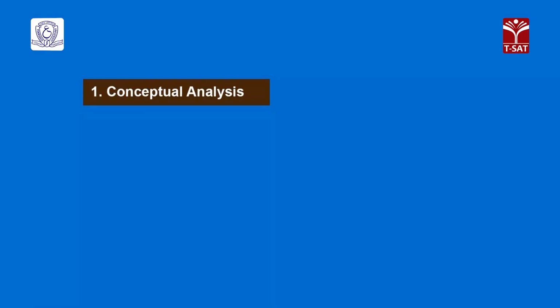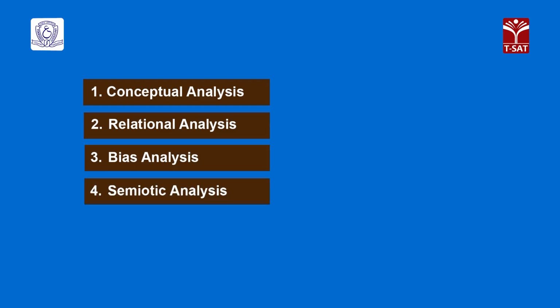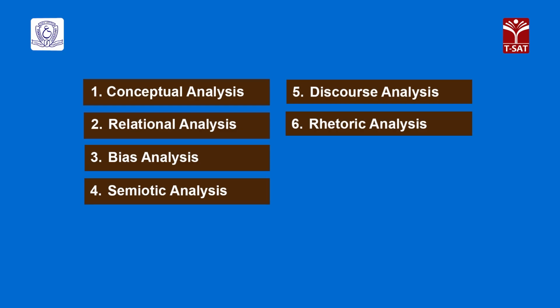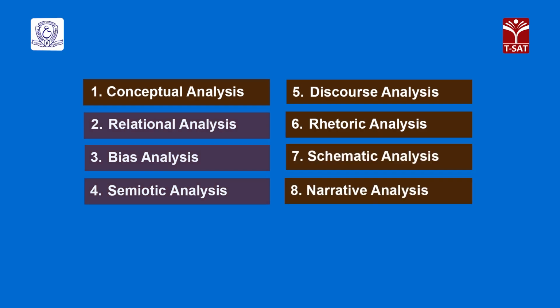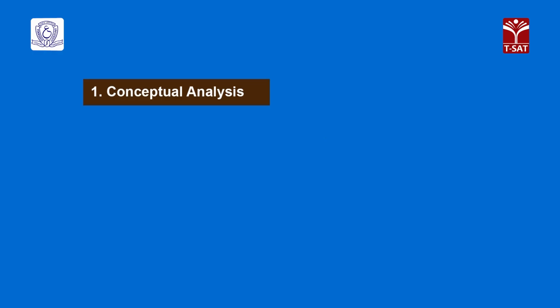These two types of content analysis can further be understood as conceptual analysis, relational analysis, bias analysis, semiotic analysis, discourse analysis, rhetoric analysis, schematic analysis and narrative analysis. And what is conceptual analysis? Conceptual analysis is similar to quantitative analysis and performed in a specific manner.